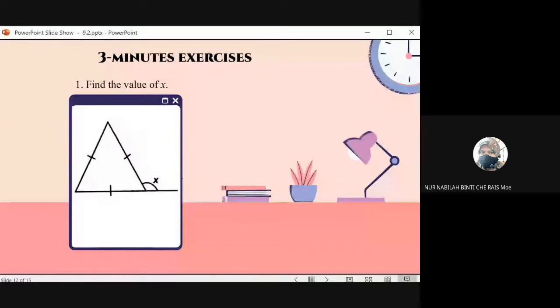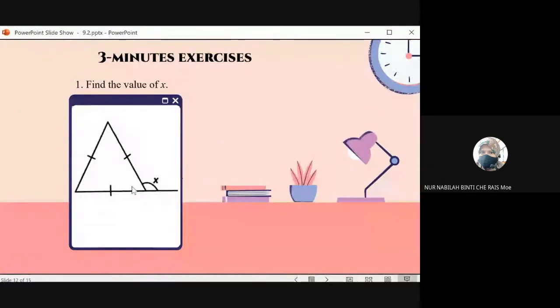Okay, so first you have to identify what triangle this is. If you look here, we have 3 signs here, the same sign. So that means all the sides are equal. If all the sides are equal, this one is called an equilateral triangle.